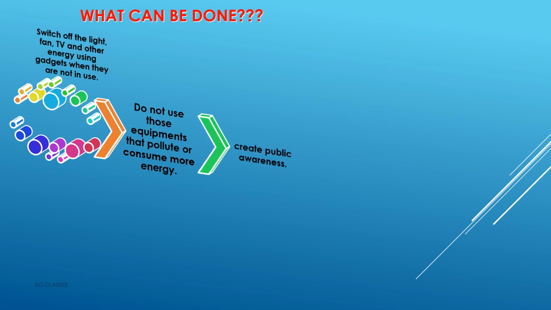We can create public awareness, so every individual can take initiative, in our offices and our society programs and all. We can keep a 5 minute awareness program to guide people, so we can save our environment and save our earth.